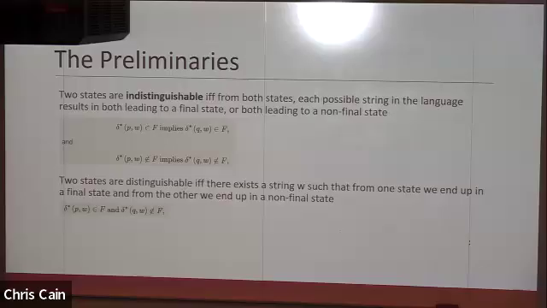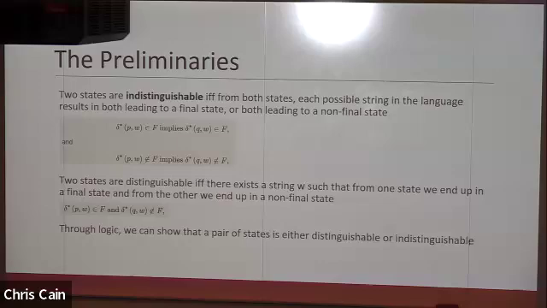So there is, again, the technical definition of distinguishability. And we're going to show that pairs of states are either distinguishable or indistinguishable. What's going to end up happening is we're going to look at pairs of states, proving that pairs of states are distinguishable. And eventually the algorithm is going to terminate, which says that if the states were distinguishable, we would have continued to gather more evidence that they are distinguishable.